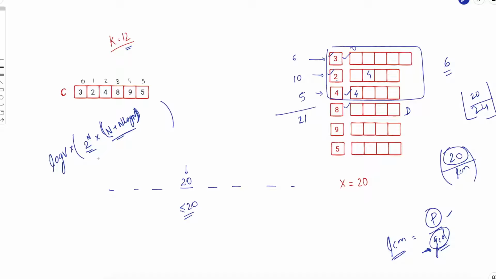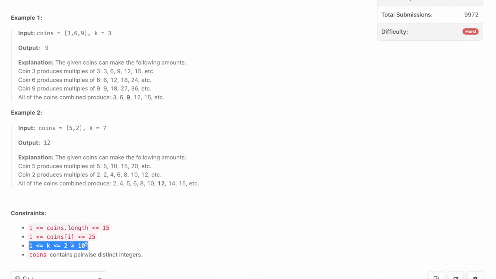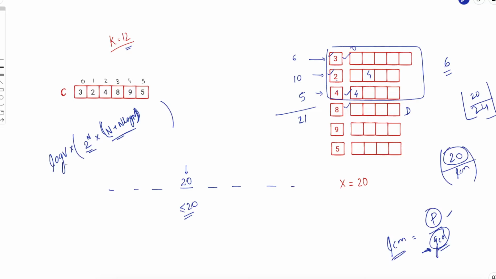The answer is yes, because V is very small, of the order of 10 power 9, so log V is of the order of 30. 2 power n is 2 power 15 here, and then here it is 15 multiplied by something, so again of the order of 15. So this overall will pass the given time constraint very easily, right?